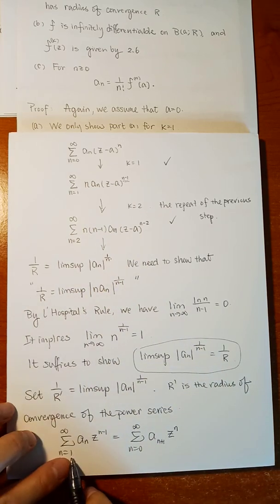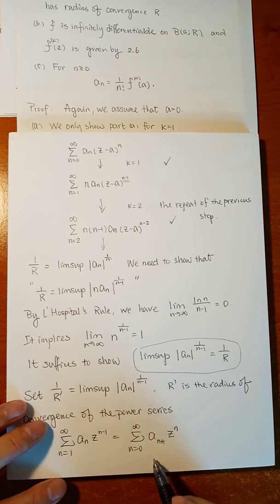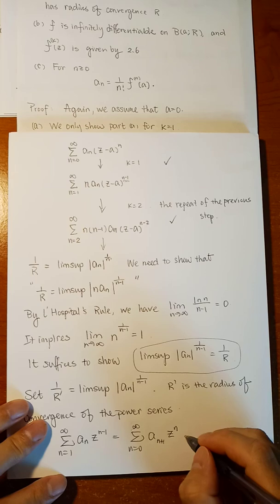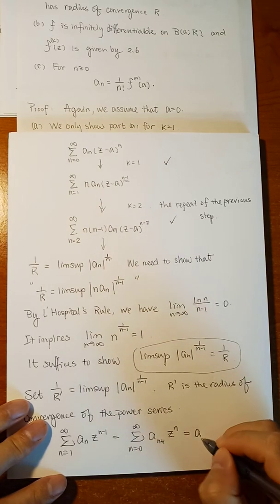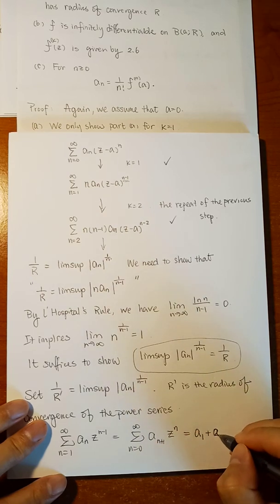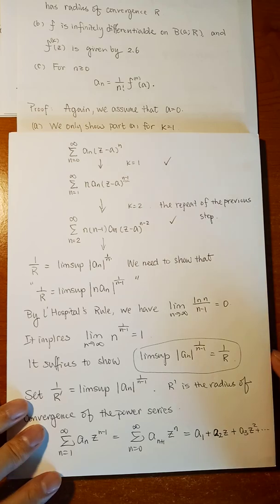You shift it from 1 to 0, it becomes n plus 1. A sub n plus 1. What is this? This is a1 plus a2 z plus a3 z squared, and so on. Right?